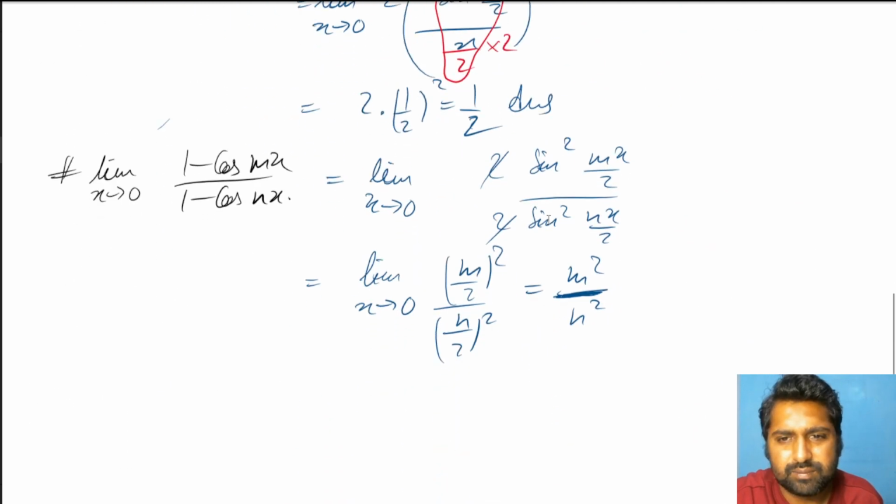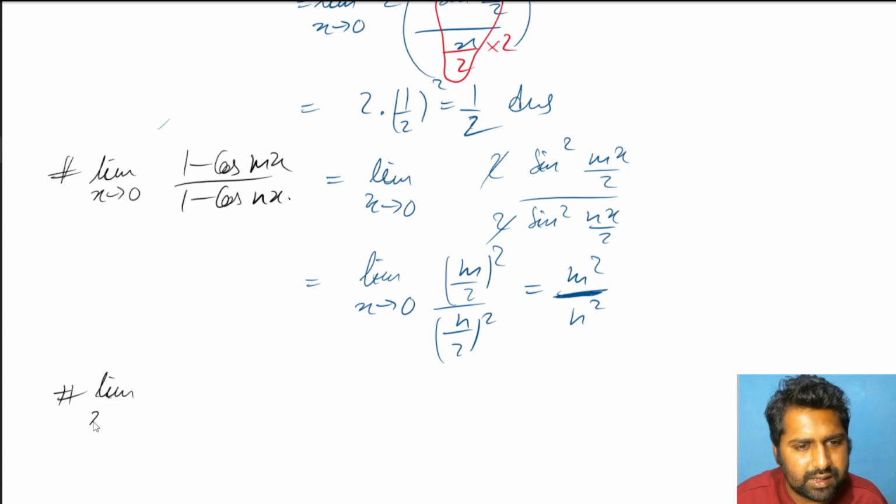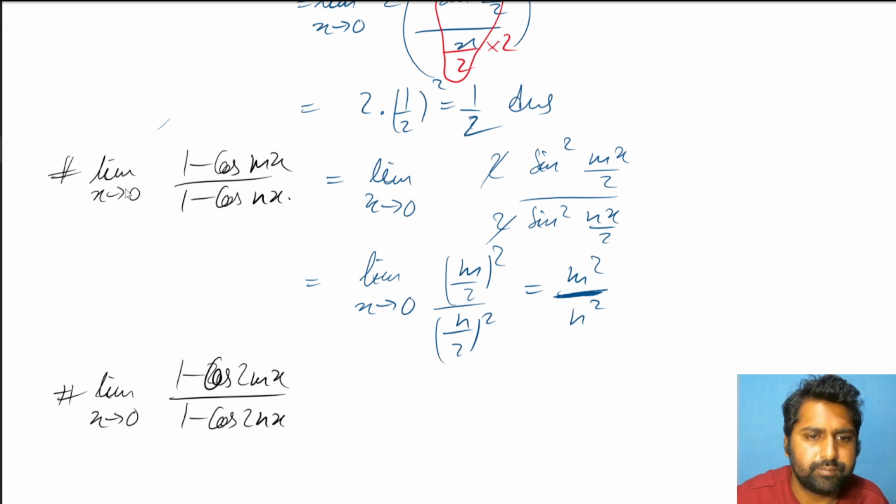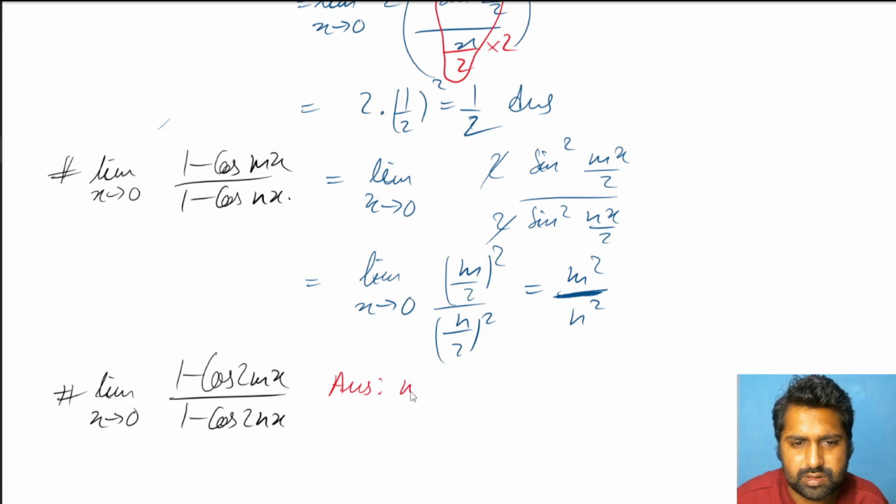Same thing will happen here, m square by n square. All right. So for practice, you can try limit x tends to 0, 1 minus cos 2mx upon 1 minus cos 2nx. And the answer of this is also m square by n square.